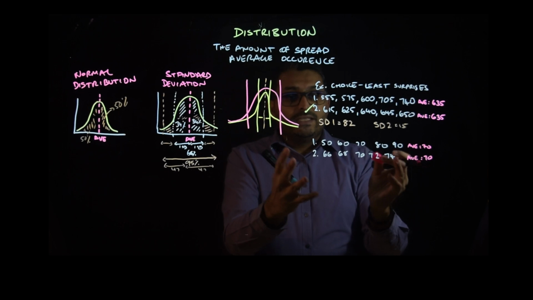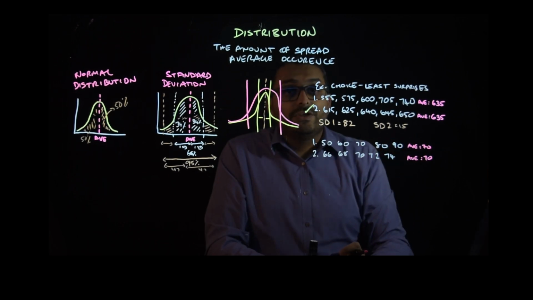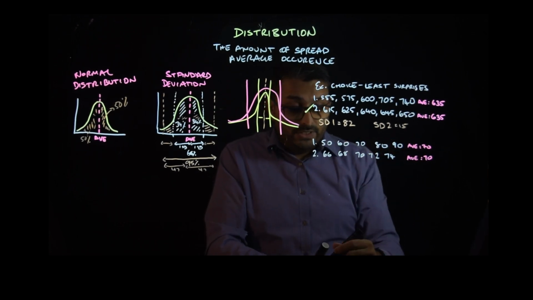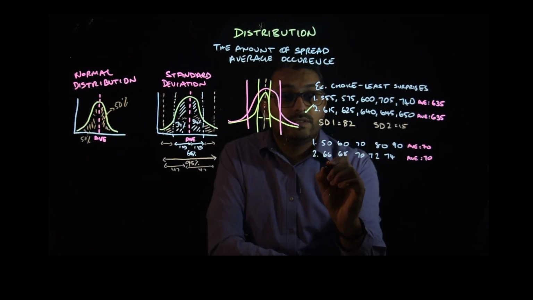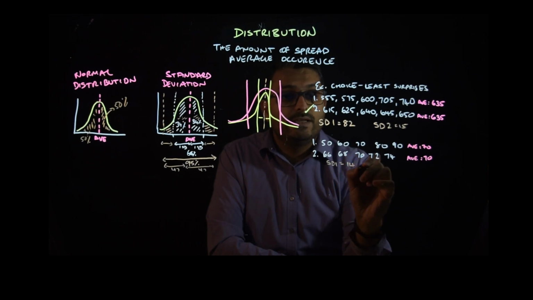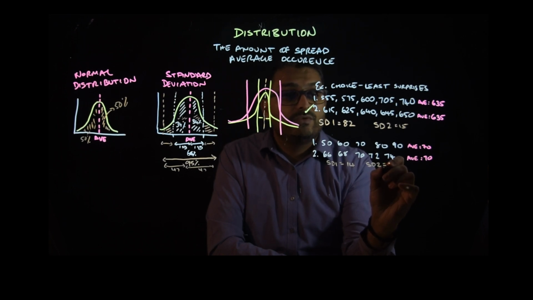However, both sets of data are quite close to the average. Now again, we can calculate the standard deviation, and for set 1 it's 14, and for set 2 it's actually 3.